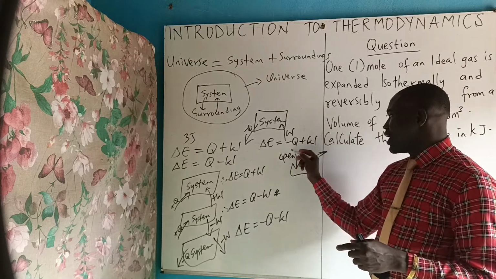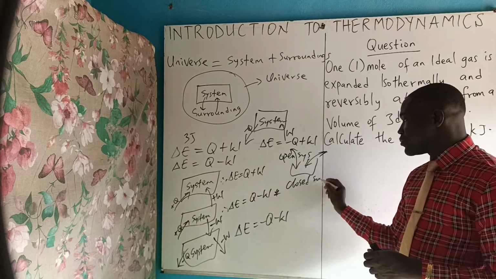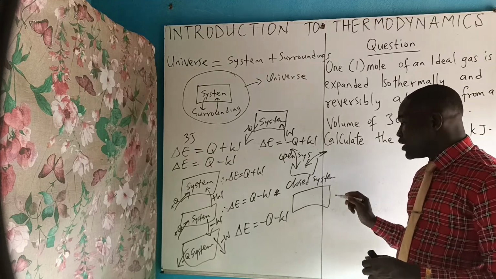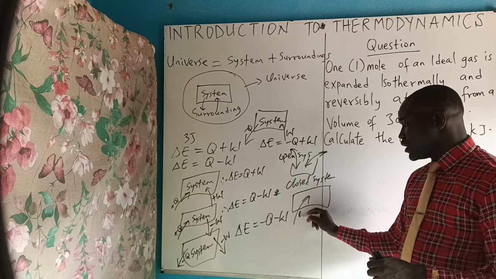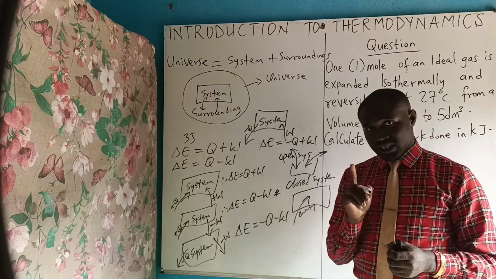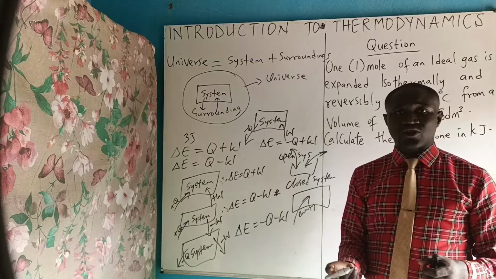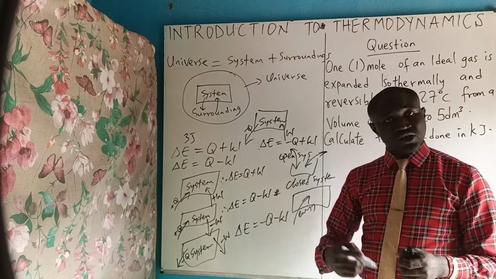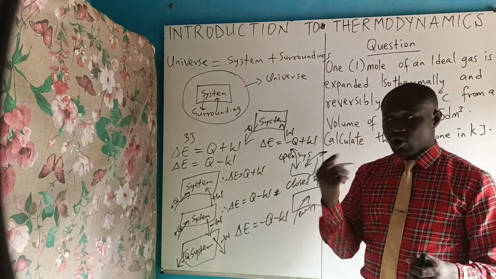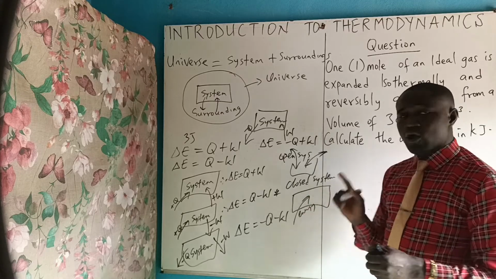Then a closed system allows only energy to flow in or out, but it doesn't allow matter, such as air, to flow in or out. Air is a matter, it occupies space, so it doesn't allow it to flow in or flow out. So that's about the closed system.